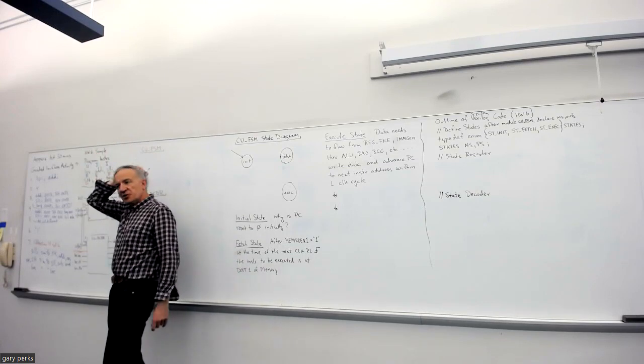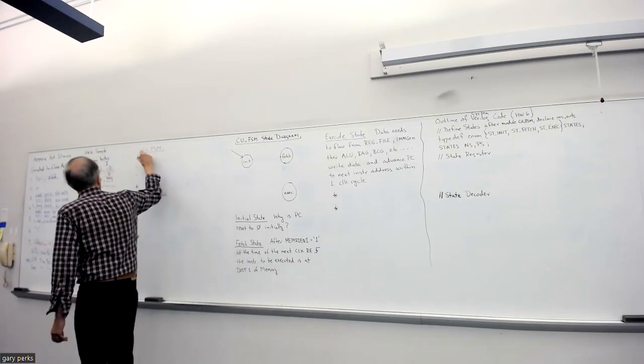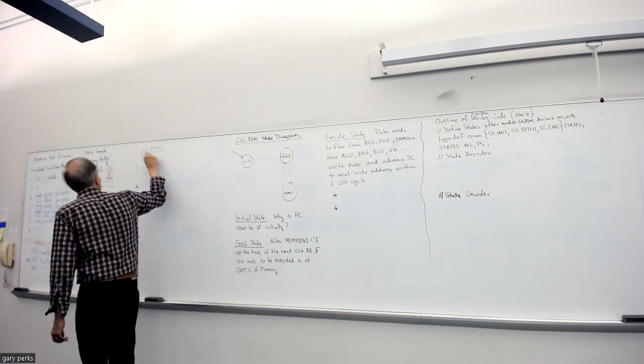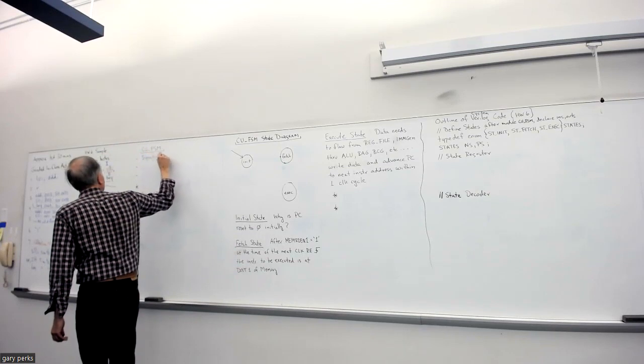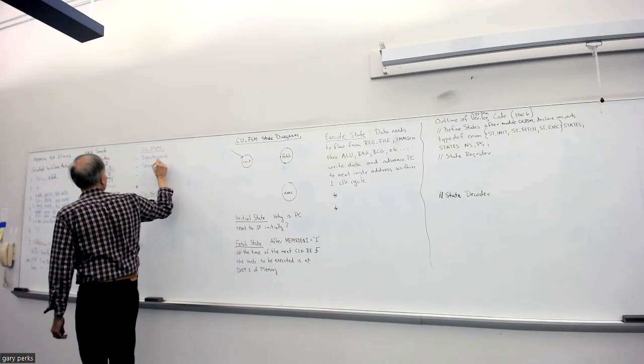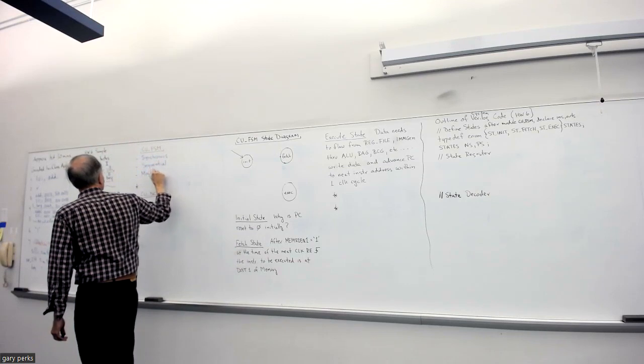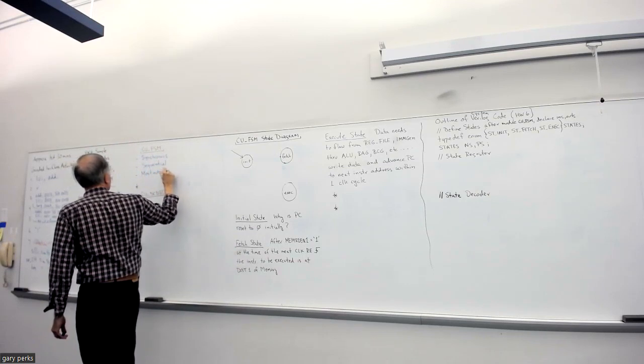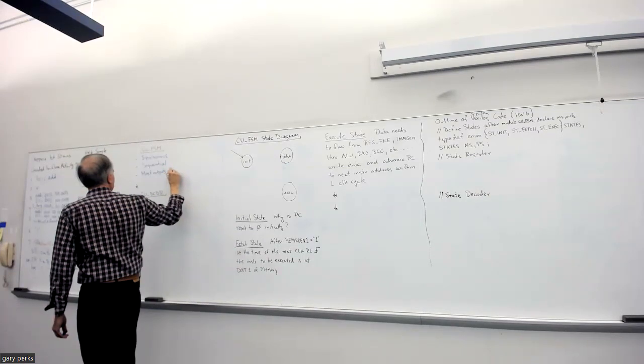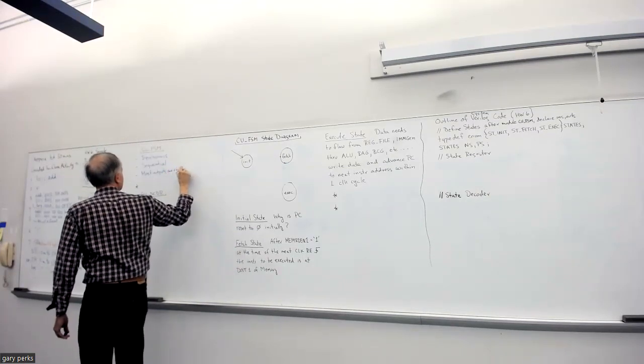Remember, from your CPU, they're synchronous, on a clock. They're sequential, they have memory. Just talking about the FSM outputs: read, write, enable.